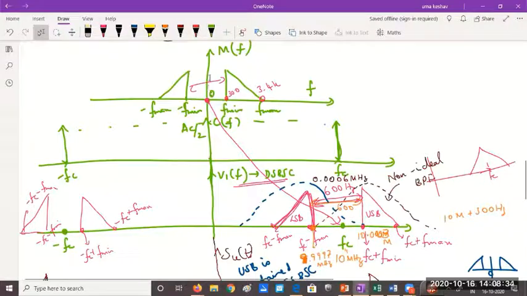So I'll have this 0 coming to the point f_c, for example, 10 mega, and 300 will be 10 mega plus 300 hertz.